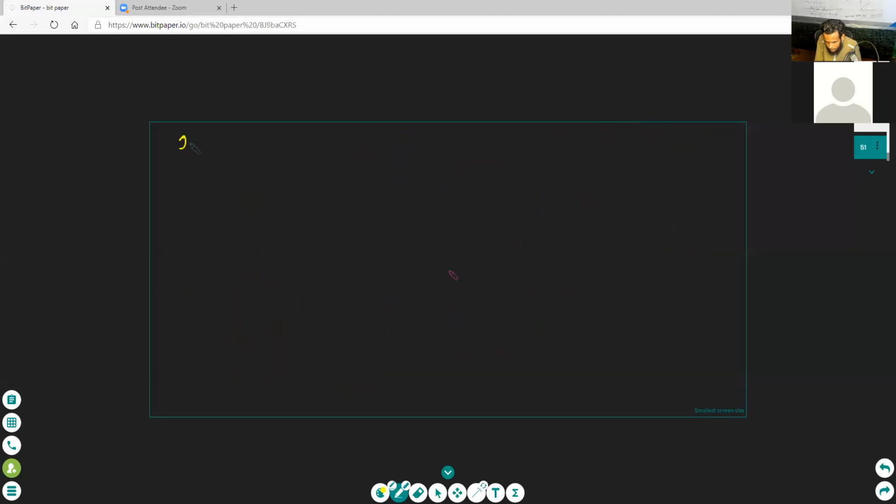If f of g of x, we are discussing about the composition function, okay? f of g of x is 4x square minus 8x and f of x is x square minus 4. Then, can you find g of x?